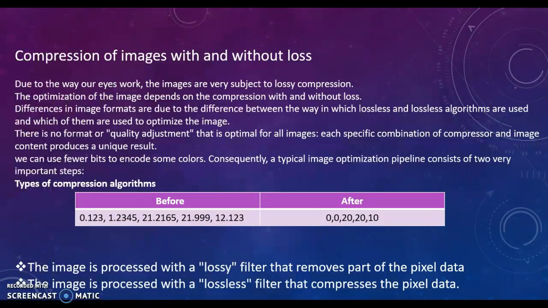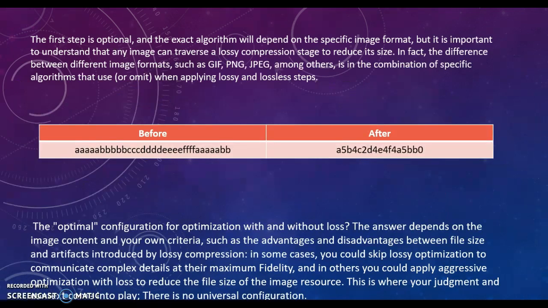optimization pipeline consists of two very important steps. The image is processed with a lossy filter that removes part of the pixel data. Then the image is processed with a lossless filter that compresses pixel data. The first step is optional, and the exact algorithm will depend on the specific image format.